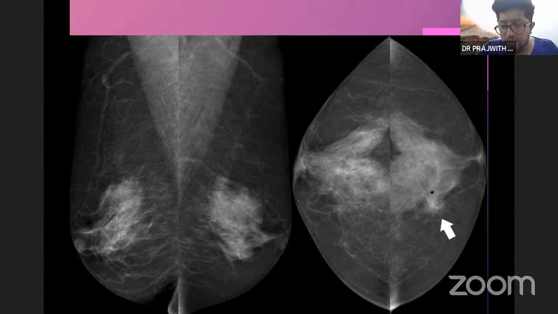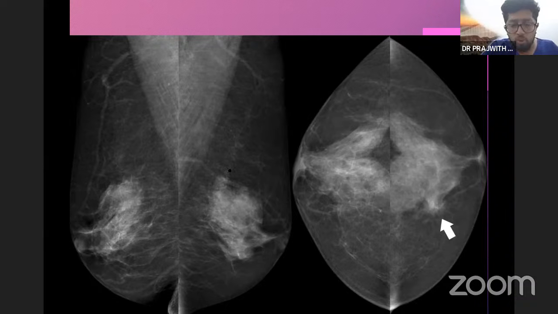I can see here a slightly good looking mass. Probably it might be this one, or probably it might be that, but I cannot clearly make out whether it is the same mass or not. So that's when you call it an asymmetry.